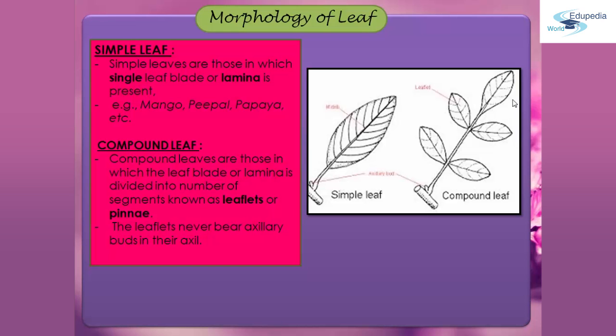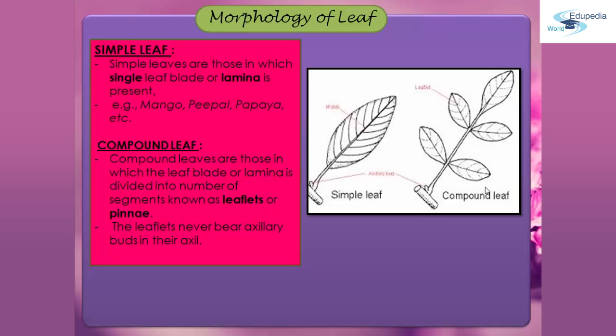Compound leaves. When the incision of the lamina reaches the midrib, breaking it into a number of leaflets, the leaf is called a compound leaf. A bud is present in the axil of the petiole in both simple as well as compound leaves, but not in the axil of the leaflet of the compound leaf.